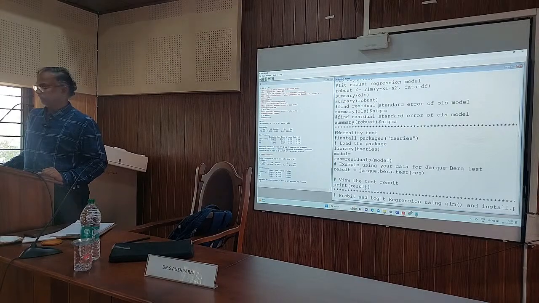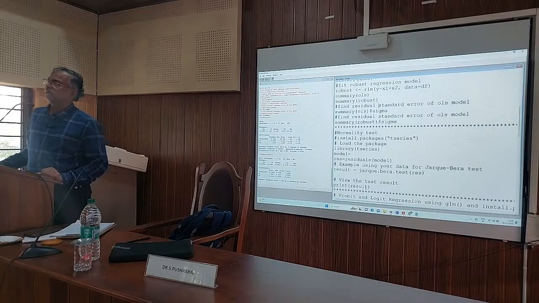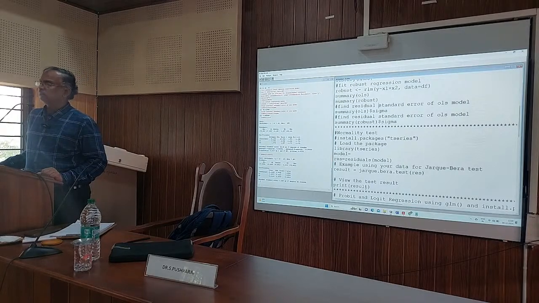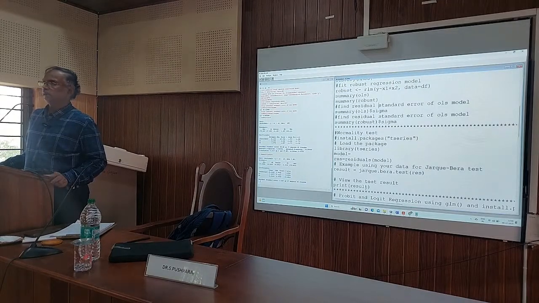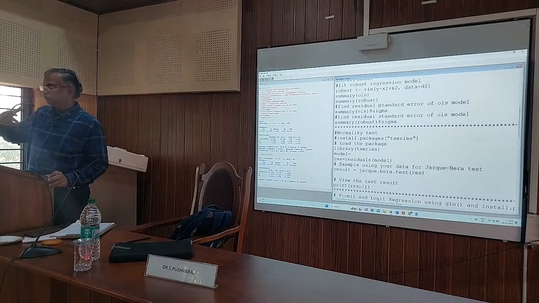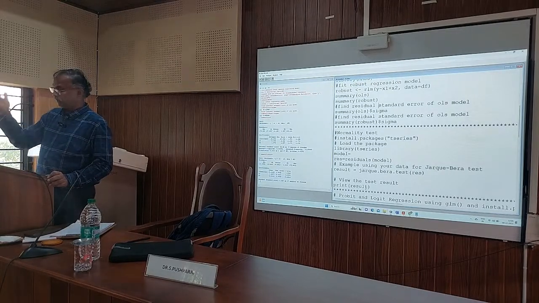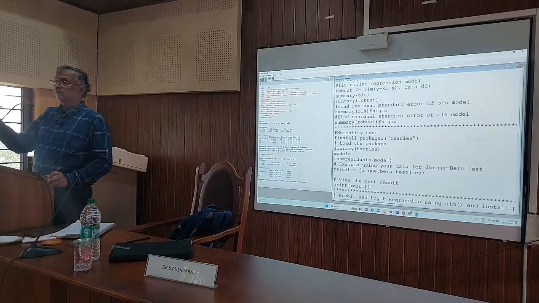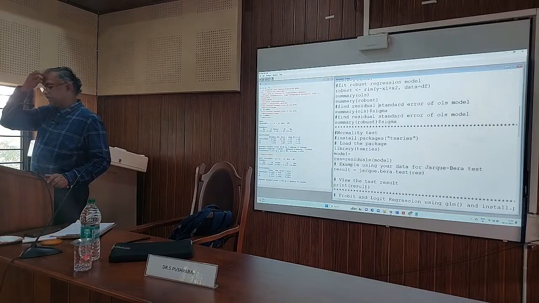Your actual variable will be taken, and its skewness and kurtosis will be tested against the skewness and kurtosis of the normal distribution, 0 and 3. Comparing that, it gives the statistical test result.